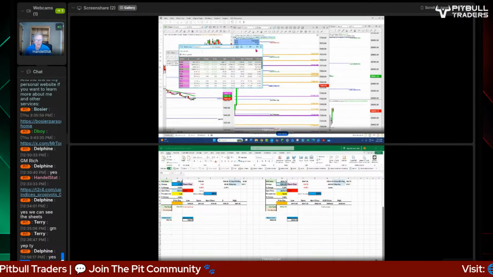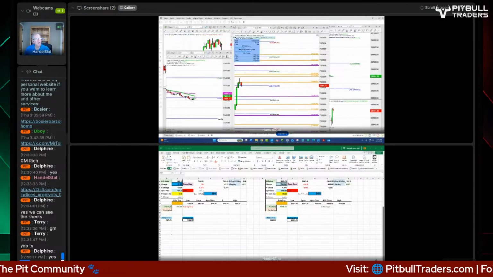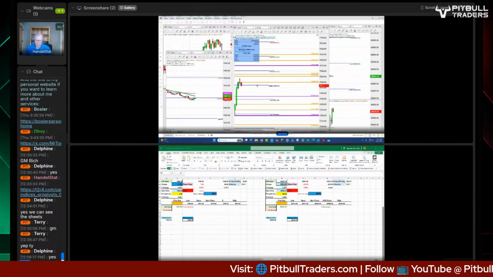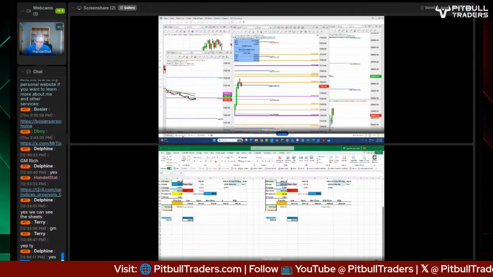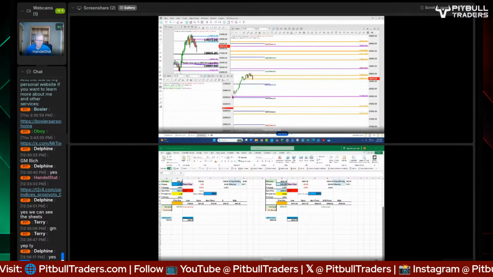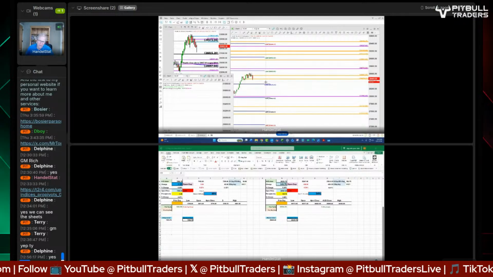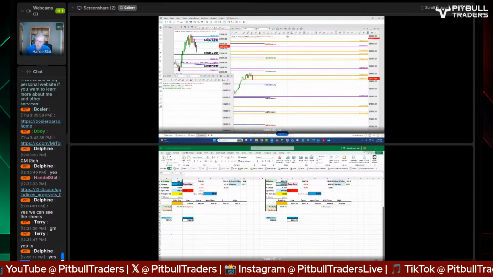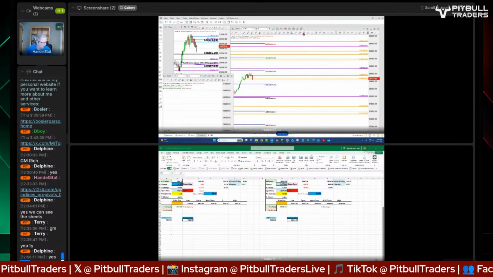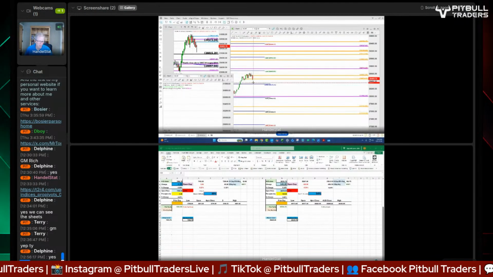But let me put this back up here. Let's see, like the NAS. And we're going to look at Ichimoku in a little bit. But I'm saying that if the NAS starts trading below this 458.25, it will likely go down and fill, especially if it gets an hourly close below here.